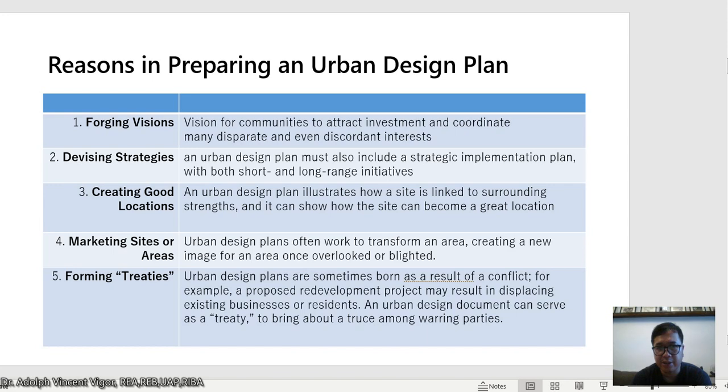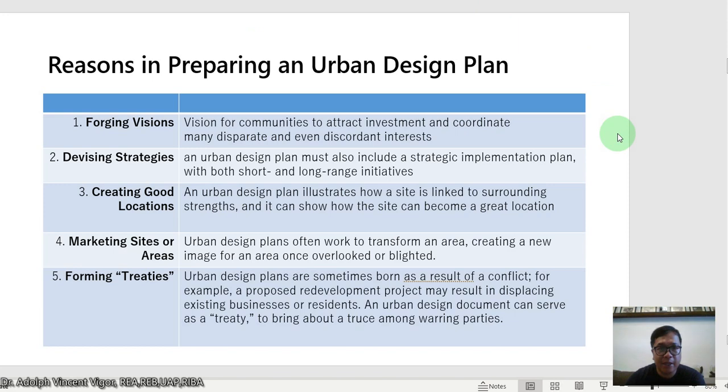So it's important in forging visions because when investors see potential in the future, of course they're going to put money into the development project that you develop in the urban design plan.